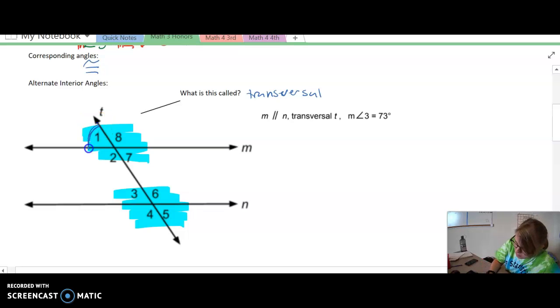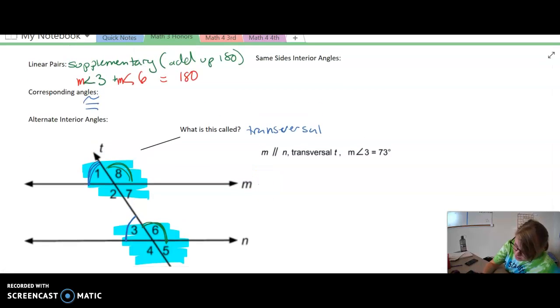For example, 1 and 3 are congruent, or 8 and 6. You can go around that whole thing and they would all be congruent in some way or another. So we can say angle 1 is congruent to angle 3, or angle 8 is congruent to angle 6.